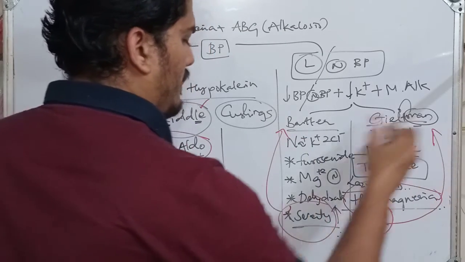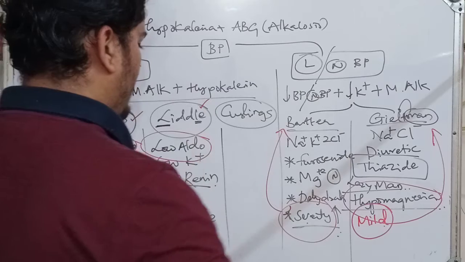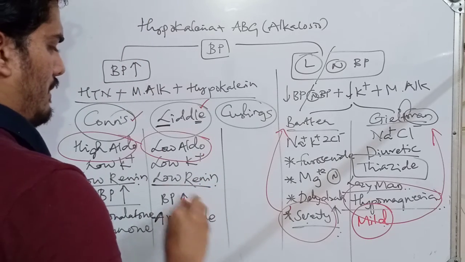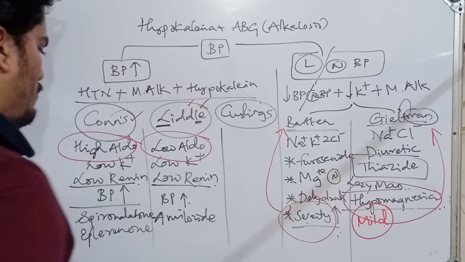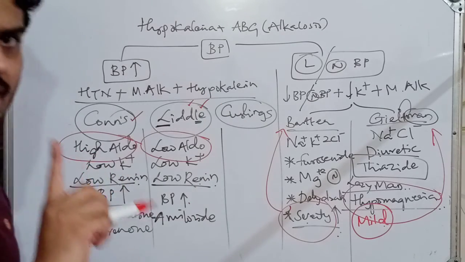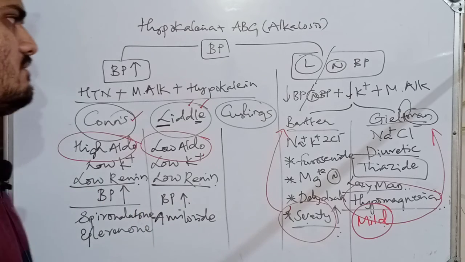Mild disease Gitelman, severe symptoms Bartter syndrome, low aldosterone level with hyporeninemic hypertension, the diagnosis is Liddle syndrome, and high aldosterone levels with hyporeninemic hypertension, the diagnosis is Conn syndrome.